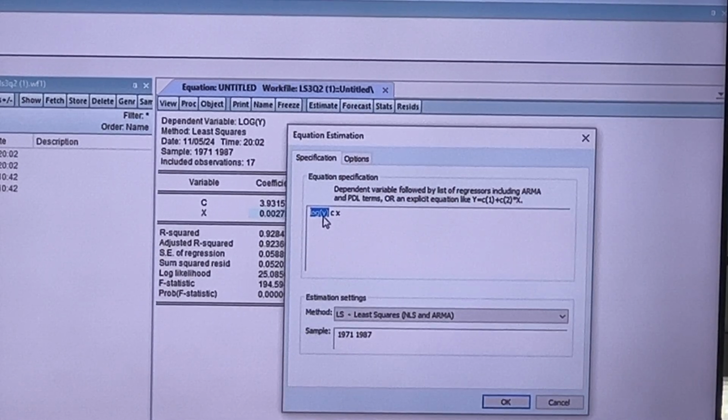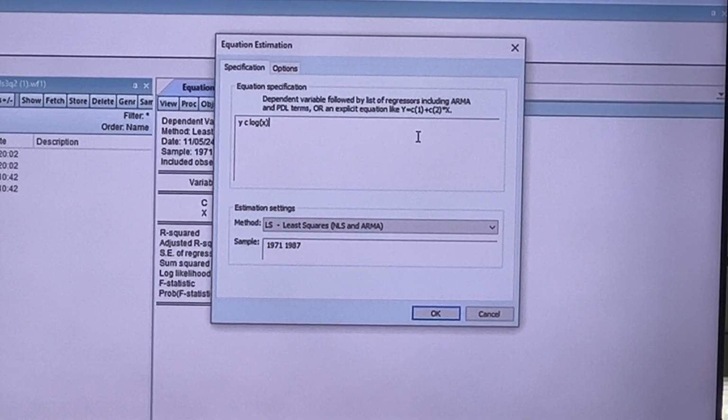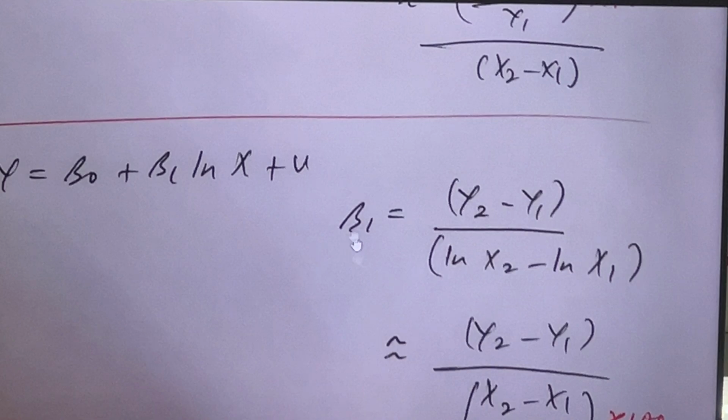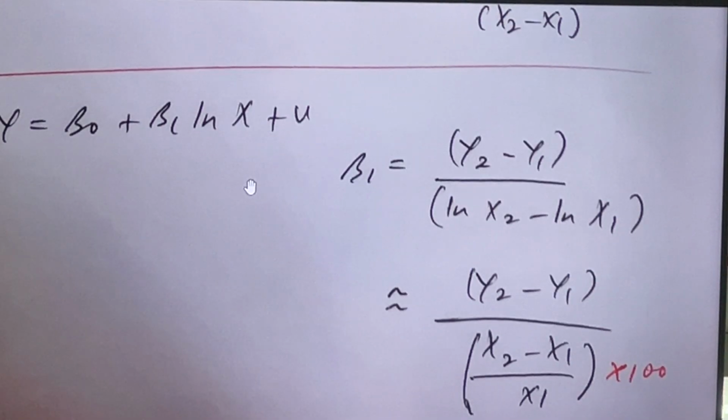So this one is Y = C + β1 log X. Okay, so you get the estimate. So how to interpret this one?